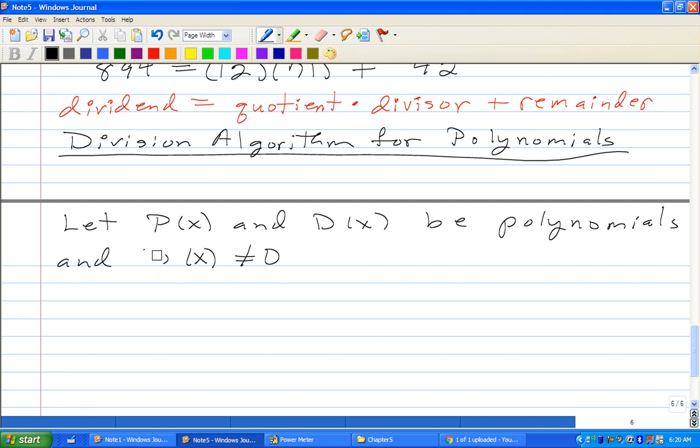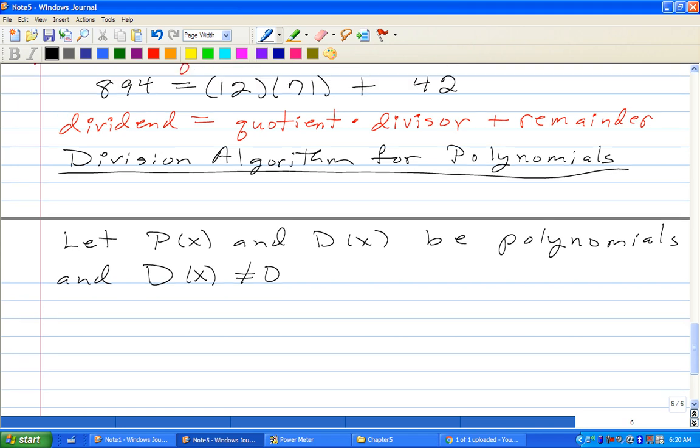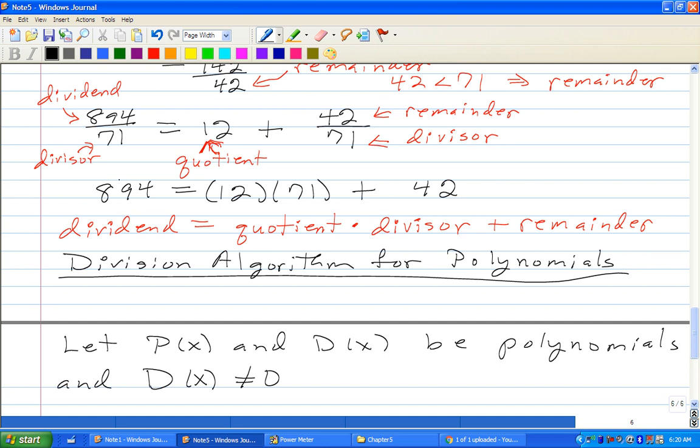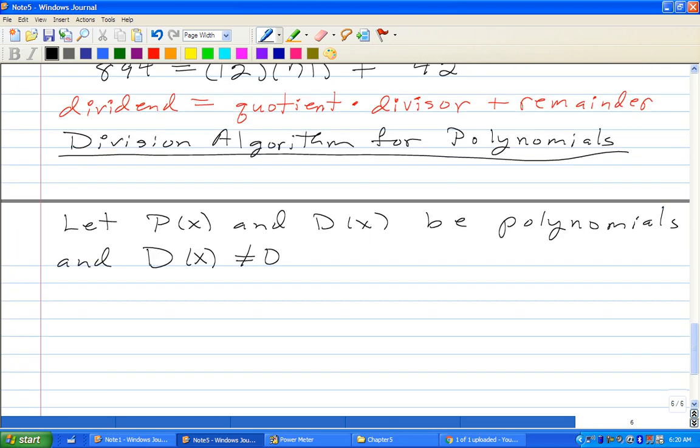The division algorithm doesn't work when you're dividing by 0. So you can't have that there exists a number such that 894 is equal to some number times 0 plus a remainder, because you couldn't do that. You couldn't get a remainder that's less than 894.